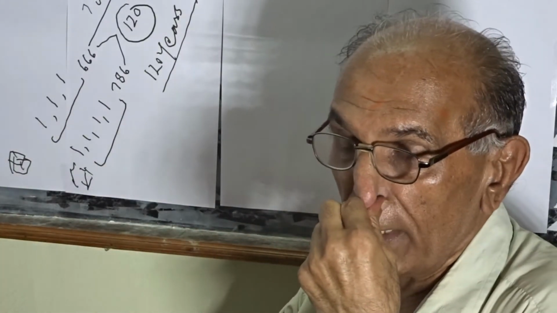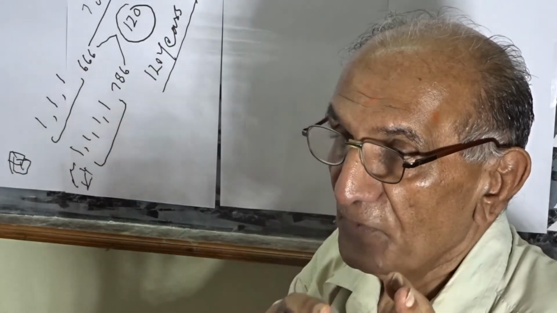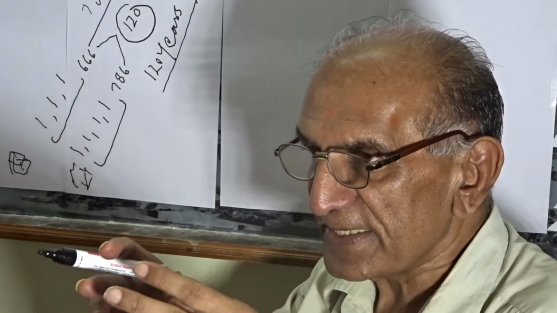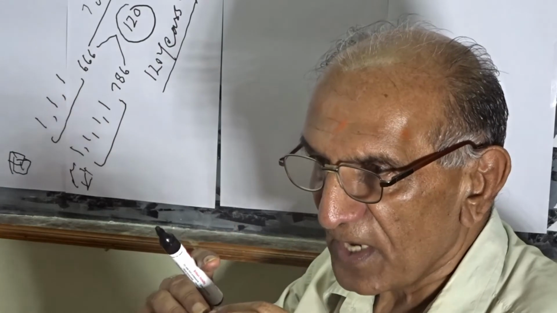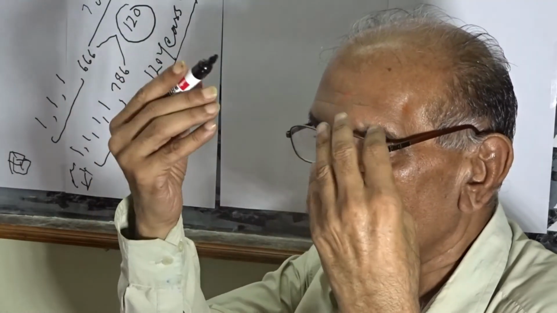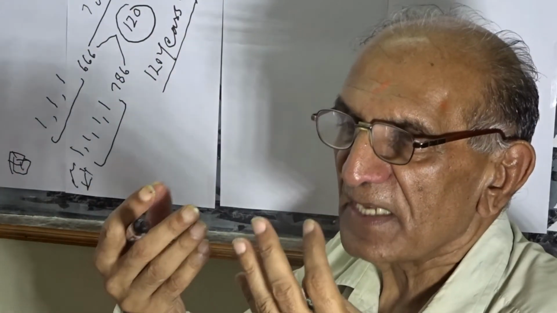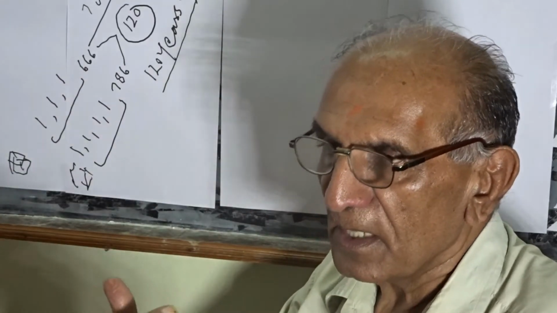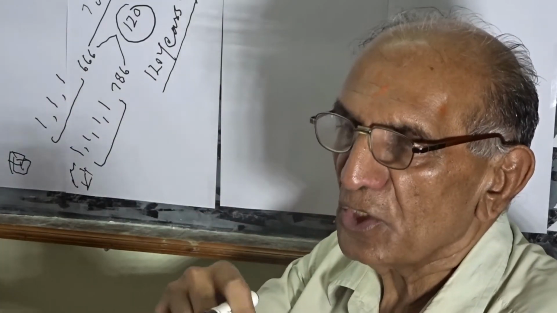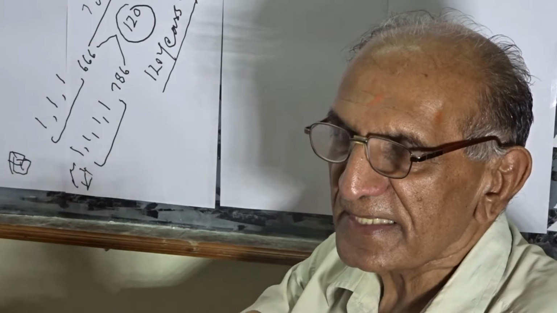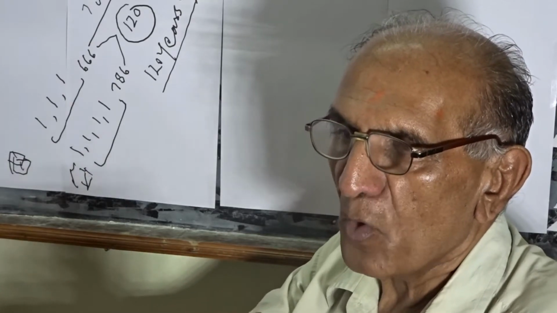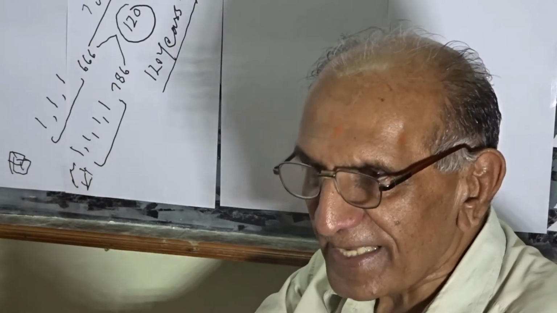The end fruit value of 6-phase VMST is that the existence phenomenon within human frame, that means our existence phenomenon of our existence within human body, is a phenomenon of 120 years cycle.